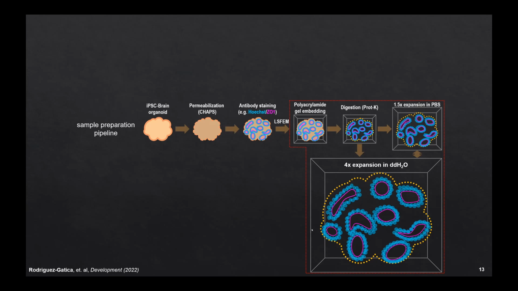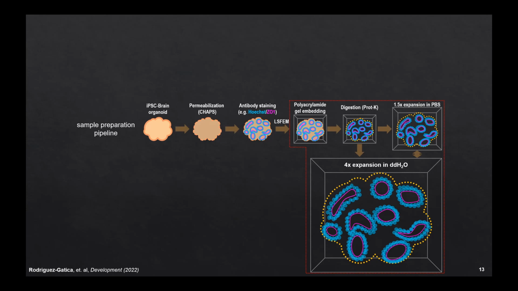We recommend the use of CHAPS for the permeabilization; I will show you later why. But until then, the staining or labeling of your sample is everything normal, like fixed samples with 4% PFA. Then the idea is to expand your sample 4 times, but if you play with the buffer, you can also have a 1.5 expansion, for example, if you keep your sample in PBS.